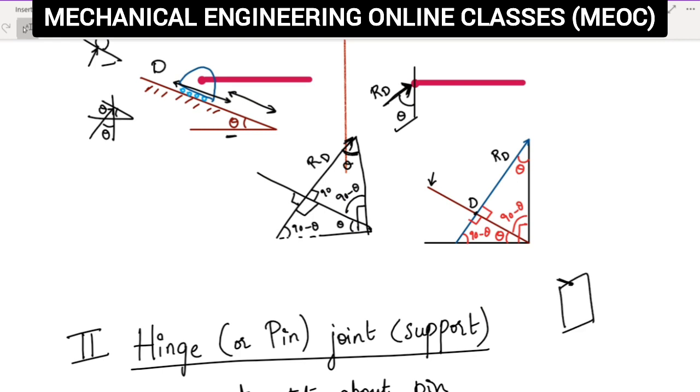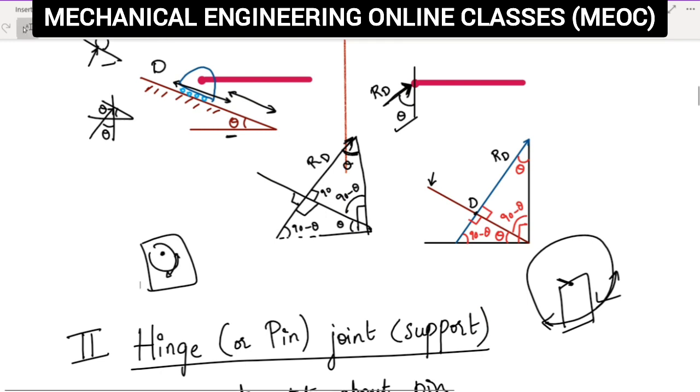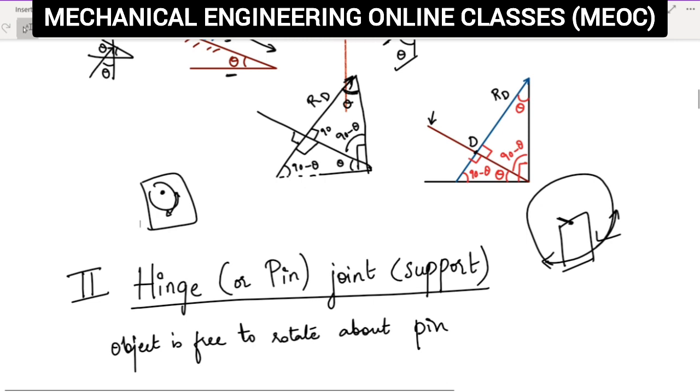You are pinning the calendar and it is hanging via this pin. This calendar is free to rotate about the pin. So pin joint or pin support means it is pinned at a point about which the object is free to rotate in any sense, clockwise or anti-clockwise. That is called a pin joint, also called a hinge joint.